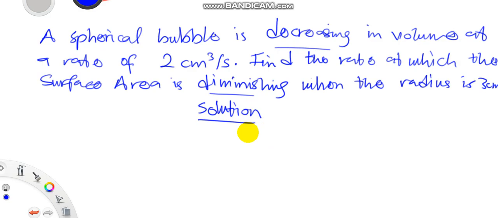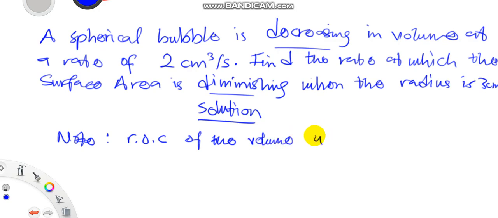Now, like I noted, I'll just abbreviate rate of change to be ROC. The rate of change of the volume will be negative, because they told us the bubble's volume is decreasing.